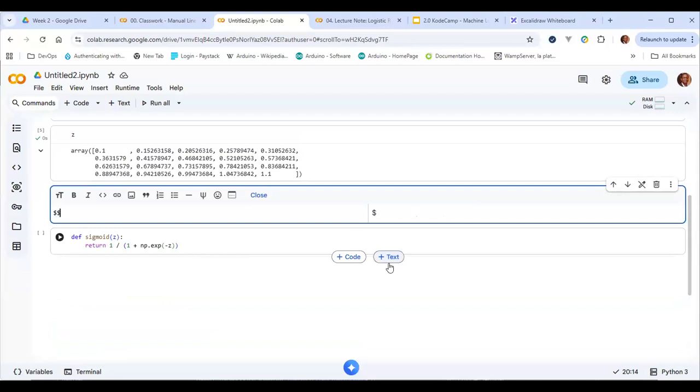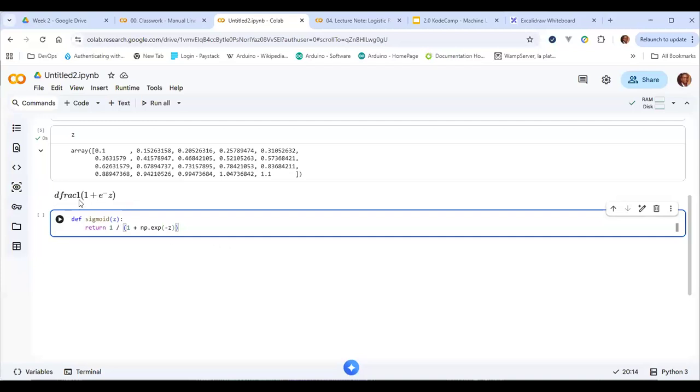If we wanted to use some mathematical notation, it would be one over one plus exponent... well, this is LaTeX.